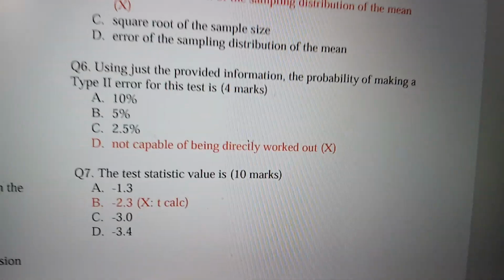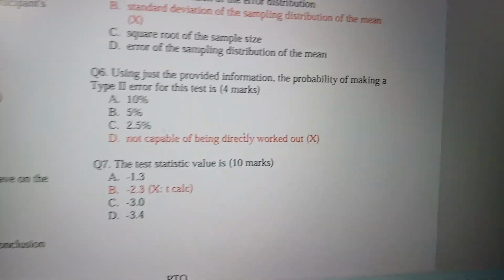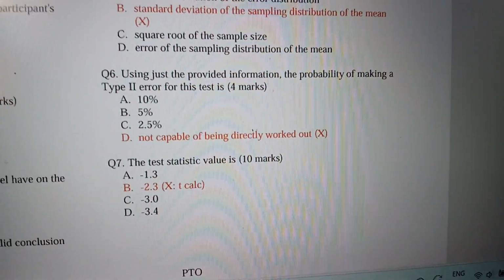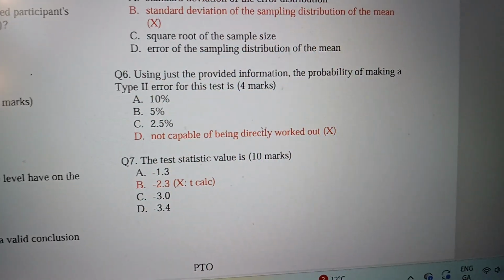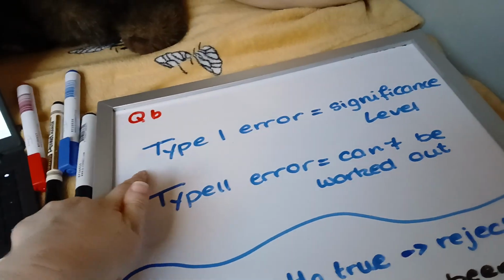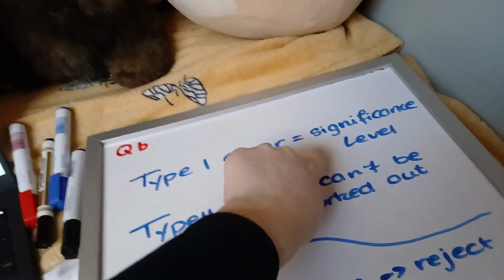Question 6 is another kind of theory question. Using just the provided information, the probability of making a type 2 error for this test is... All you need to know for this question is that a type 1 error is the significance level mentioned in the question.